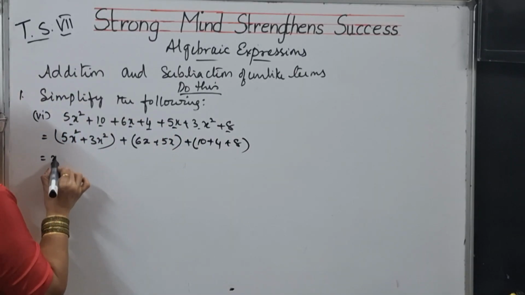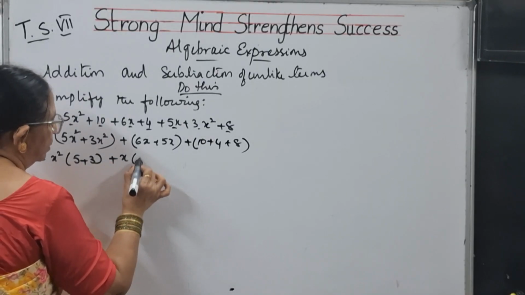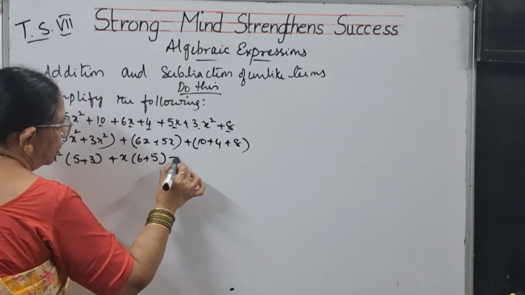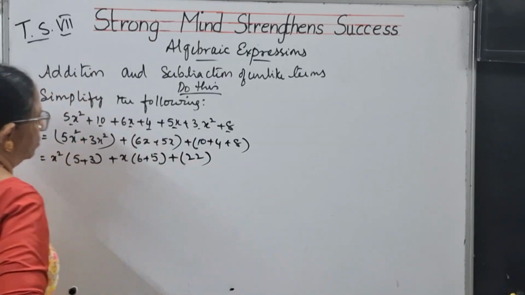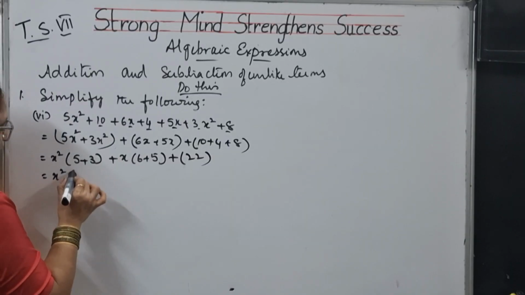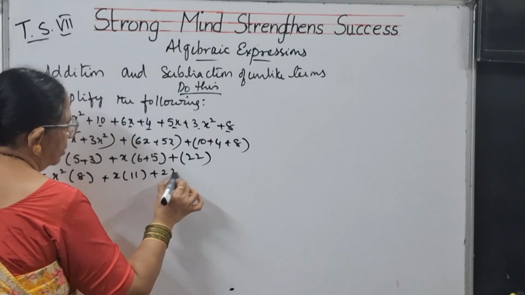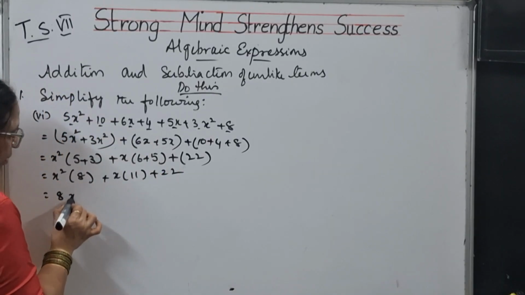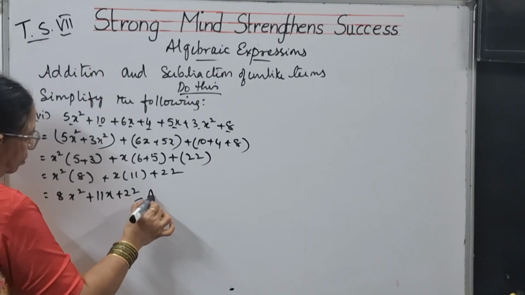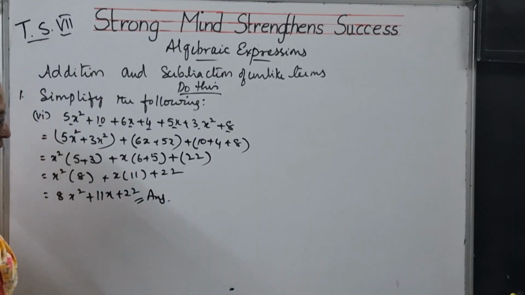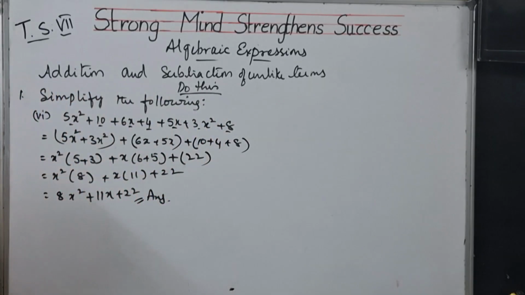So here x square into 5 plus 3, plus x into 6 plus 5, plus 8 plus 4 is 12, plus 10 is 22. So this is nothing but x square into 8 plus x into 11 plus 22. That is 8x square plus 11x plus 22 is the answer. So with this, these sums are completed, children. Please note it down.